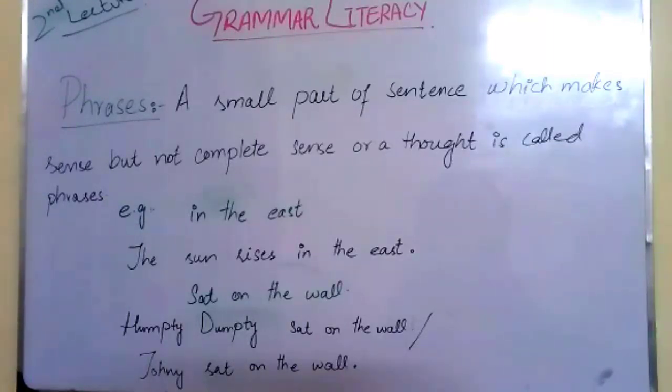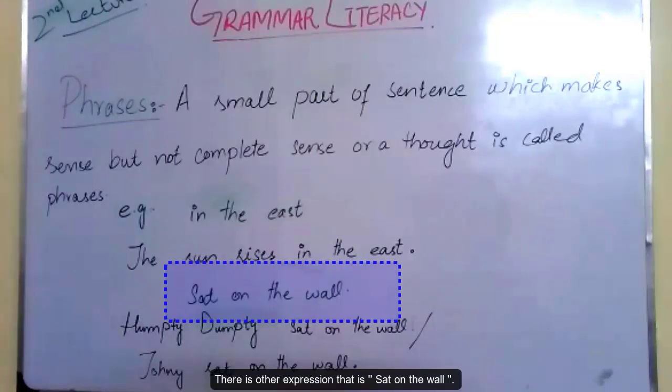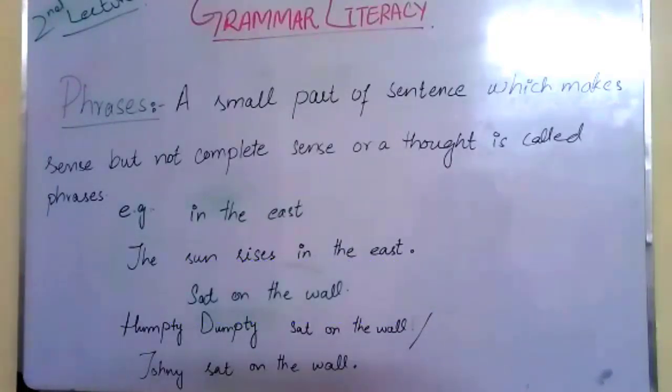But there should be some question behind that. There is a complete sense behind that. But in the answer or response, the person who is telling us something is just giving us the phrase, that in the east. Another expression is sat on the wall.